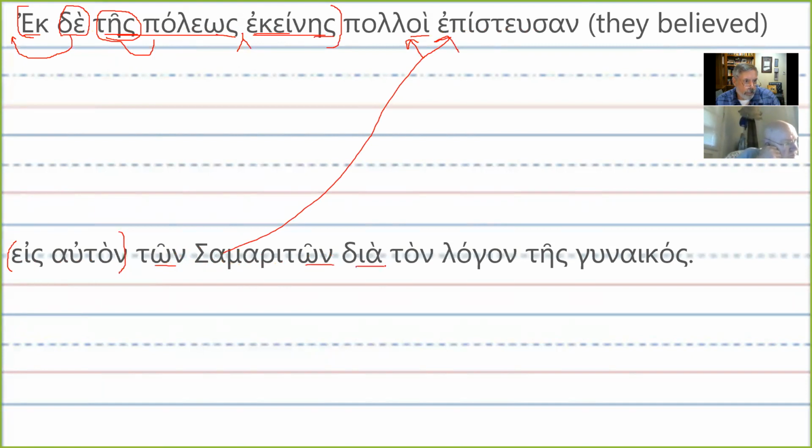And we have dia, ton logon. Dia is another prepositional phrase governing the accusative, which in the accusative, dia means "on account of." So many Samaritans believed in him on account of ton logon. What's ton logon mean?